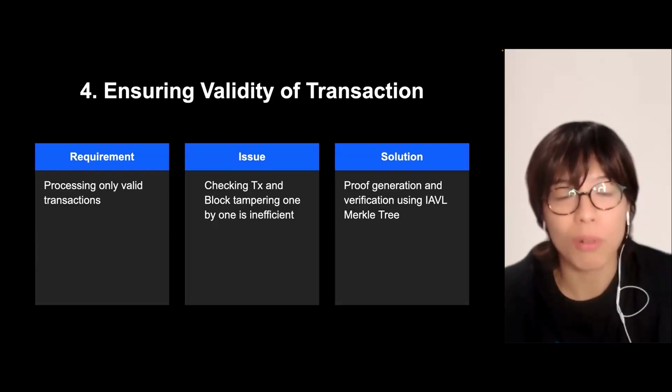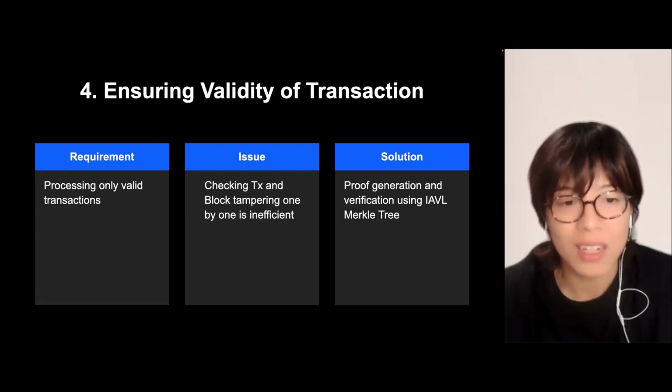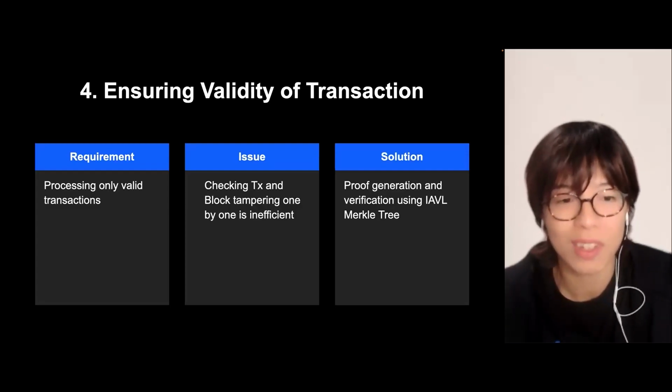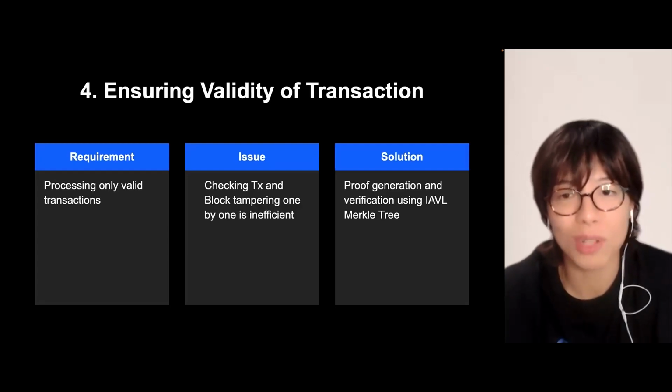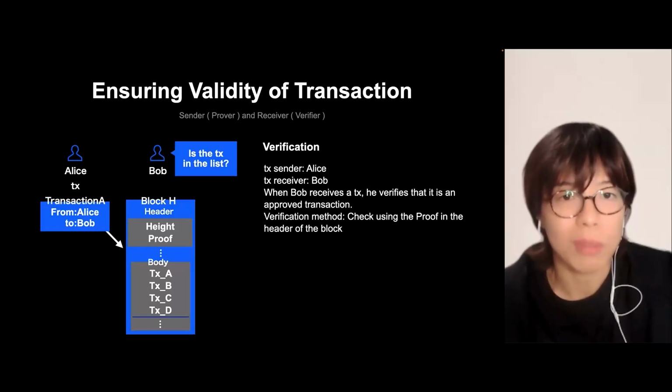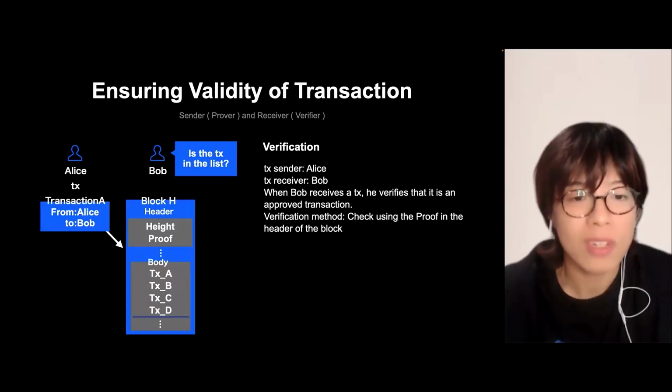In order to secure many transactions on the blockchain, we need an efficient mechanism that can prove and verify transactions. But it is not efficient to confirm transactions one by one. We can have an efficient way to do the approval. I would like to explain using an example.